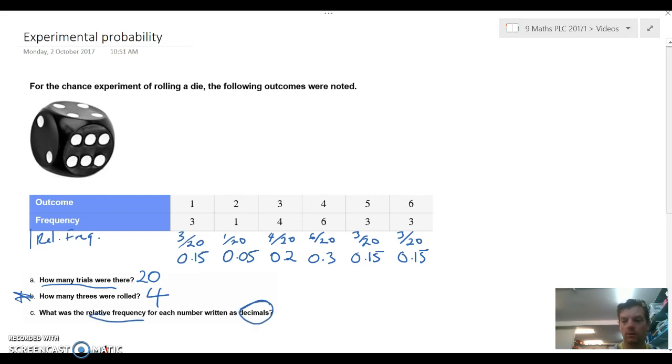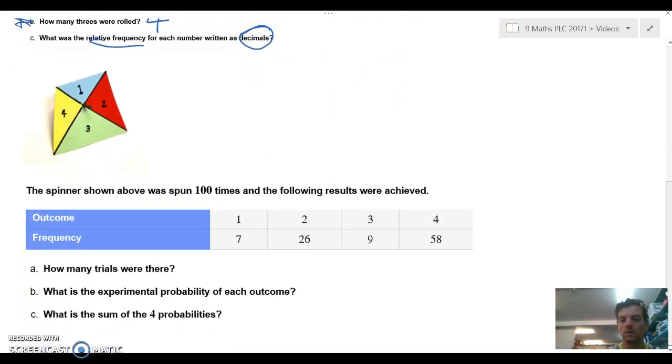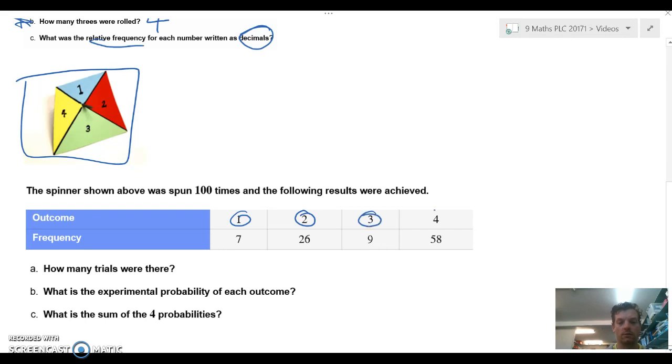Let's have a look at another example. Not using a dice this time, but this spinner. In the spinner we can see that we've got 4 different outcomes: 1, 2, 3 and 4. When we did our spinner, it was spun 100 times and the frequency was distributed this way.